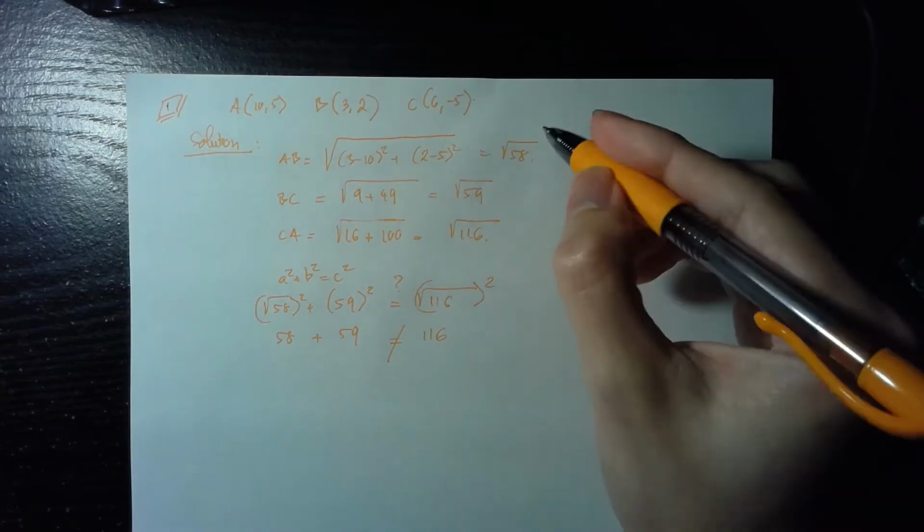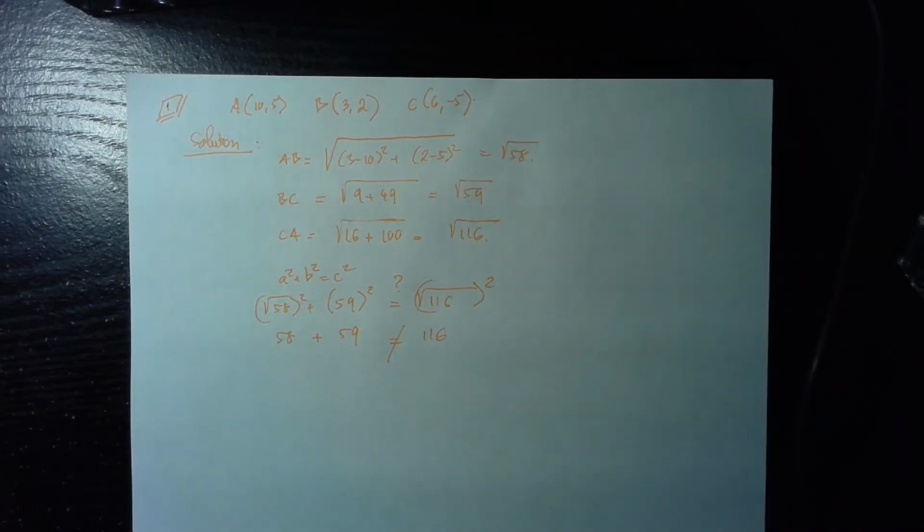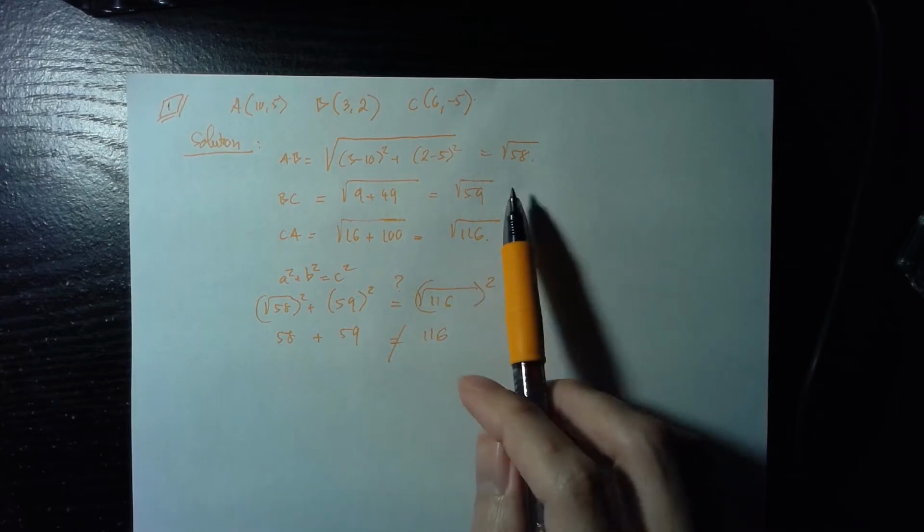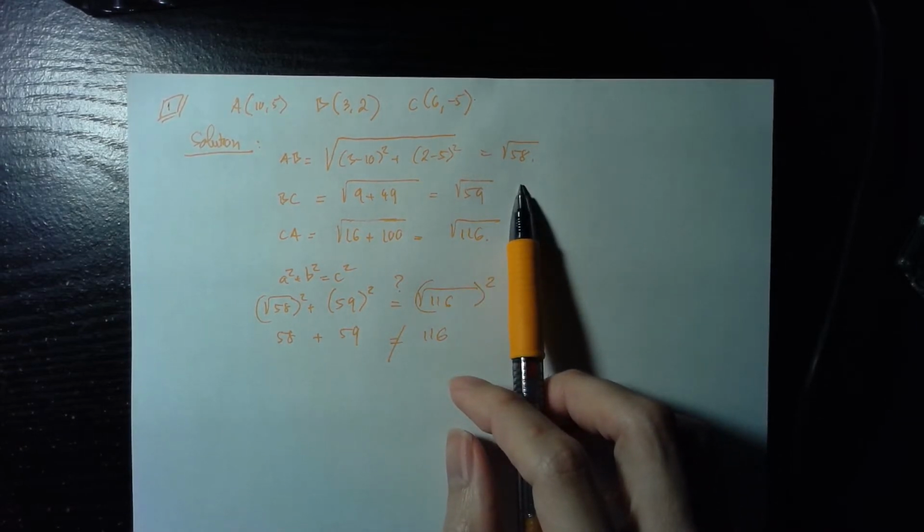Oh, I think I have made some kind of mistake, because it would not create an isosceles triangle either.